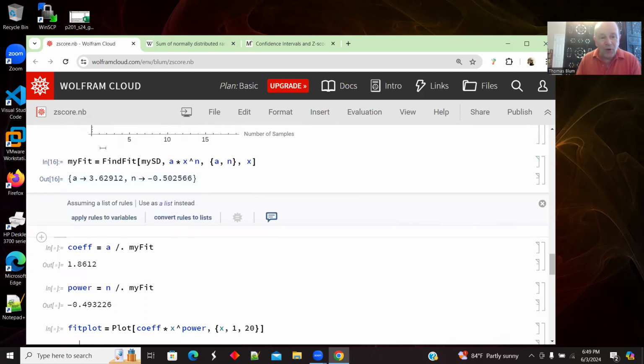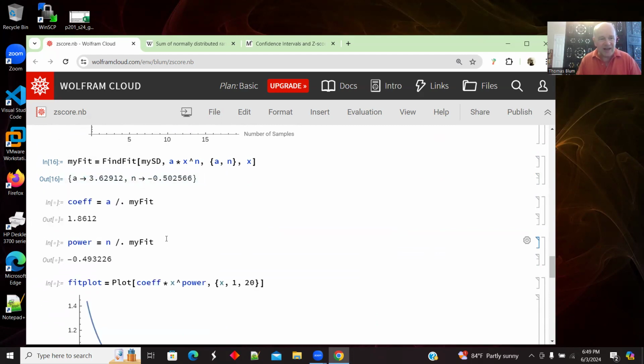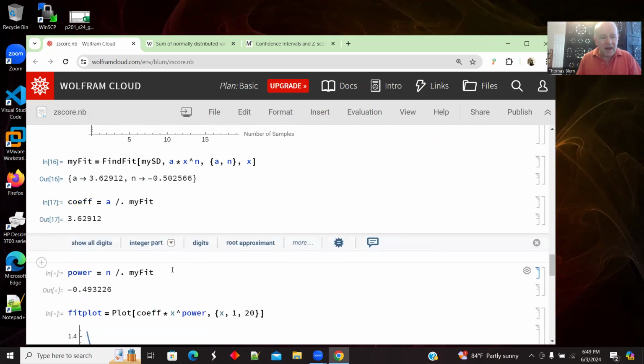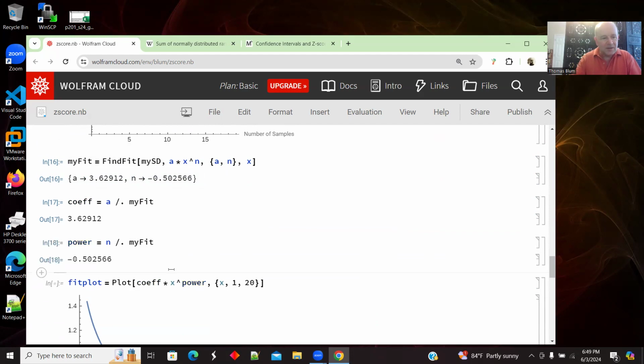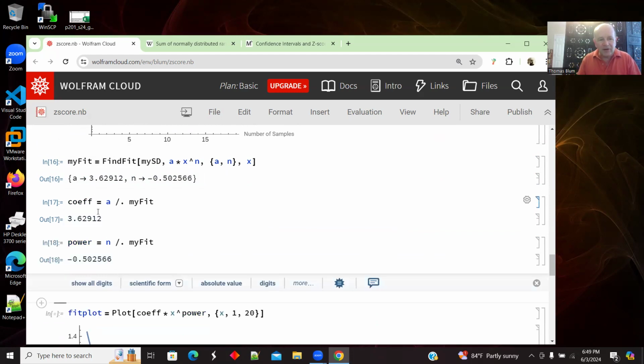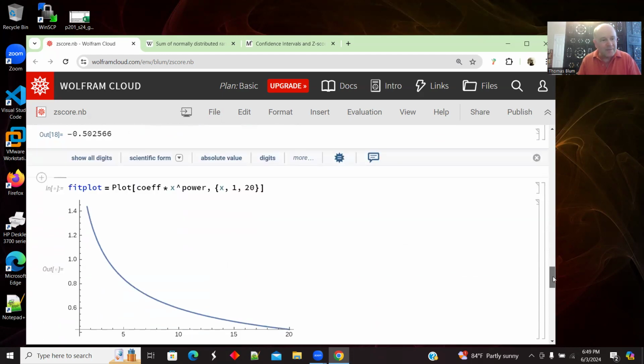I want to get these individual numbers out of my FindFit result up here. And I'm using this slash dot here so I can get out of my fit the coefficient and the fit. This varies depending on the random numbers that were selected, but it always ends up somewhere in the vicinity of minus 1/2.